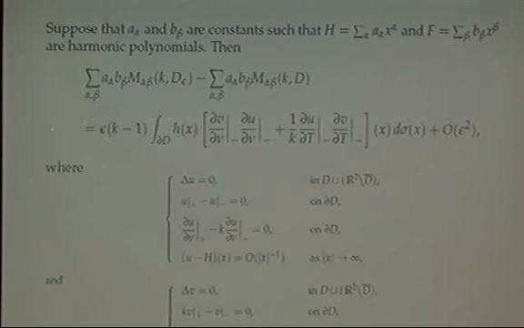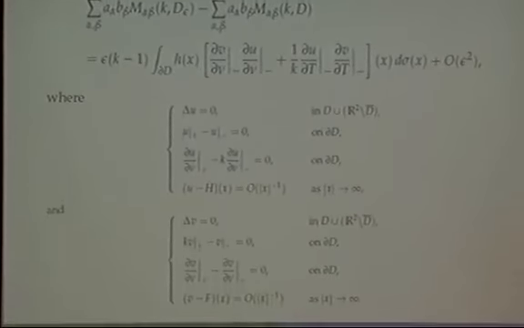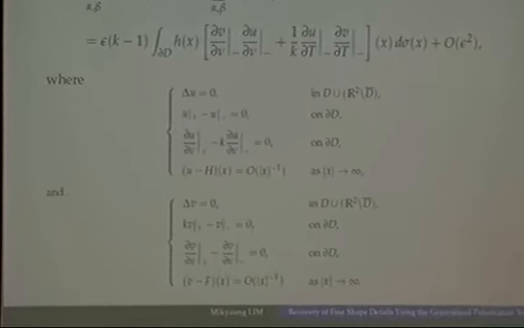The measurement data is the same as the integral on the boundary of D of the function we construct times this bracket part, which satisfies these equations. So that is only related to the initial guess, so we can simulate that part.